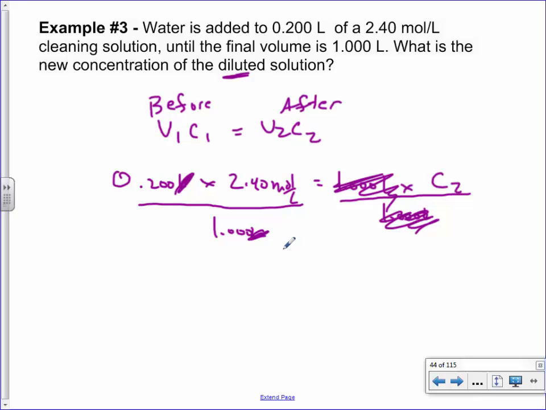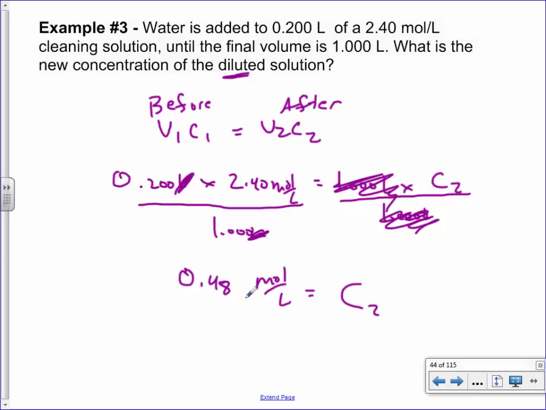So what's the only unit left? Moles per liter, which is probably the most common way that we measure concentration. There are other ways though, so hopefully you guys recall parts per million and weight over volume, because those can happen too. But moles per liter is a way we measure concentration. So I just need 0.2 times 2.4. I got 0.48.